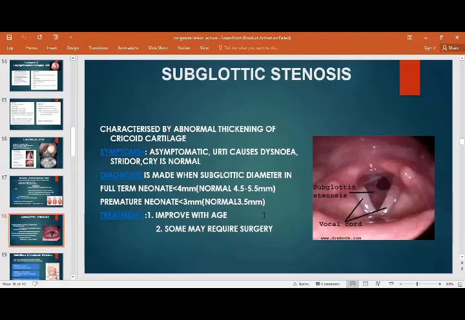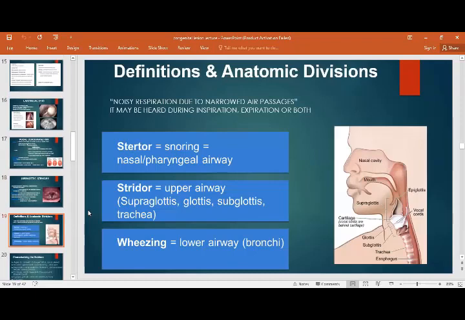And most of the time, in the case of a premature infant, it is less than 3 millimeters. Normally it improves with age, but some may require surgery. You need to enlarge this hole so that there won't be any respiratory obstruction.